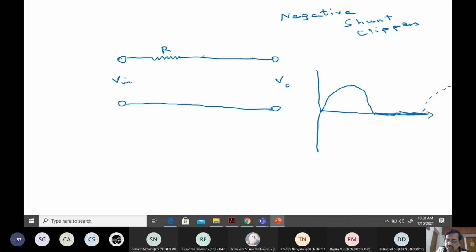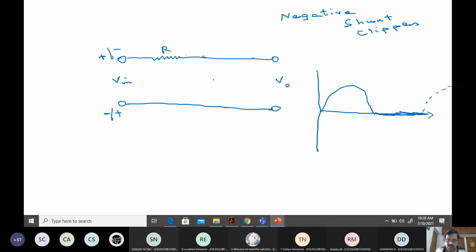So if I don't want any output in the reverse bias, this will alternate between positive and negative, which means the diode needs to be, think about this, what it should be. There should not be any current flow. See, if the diode is shorted, then the current will be flowing.